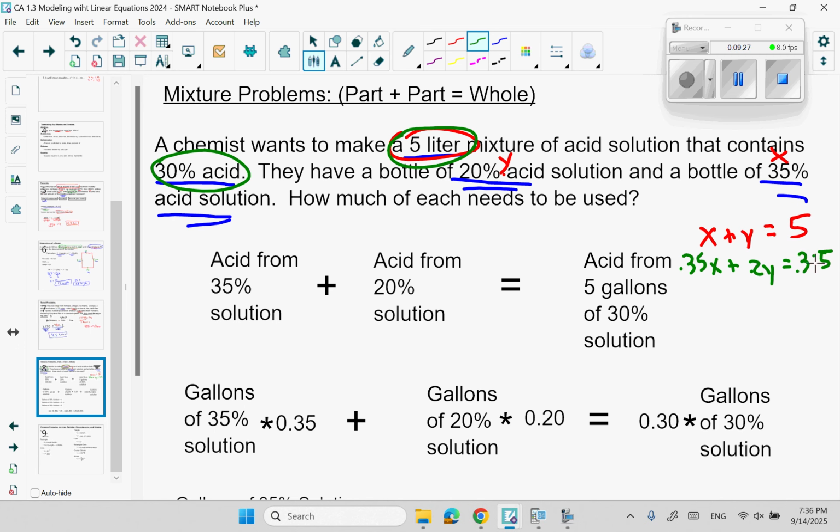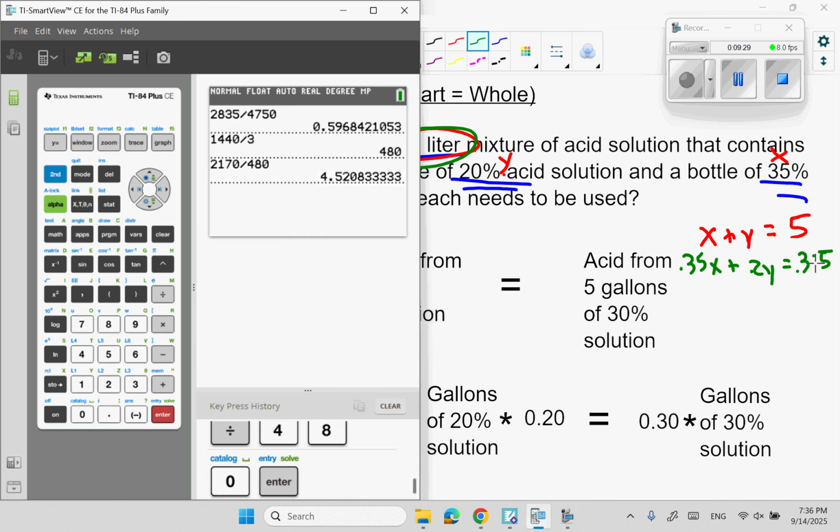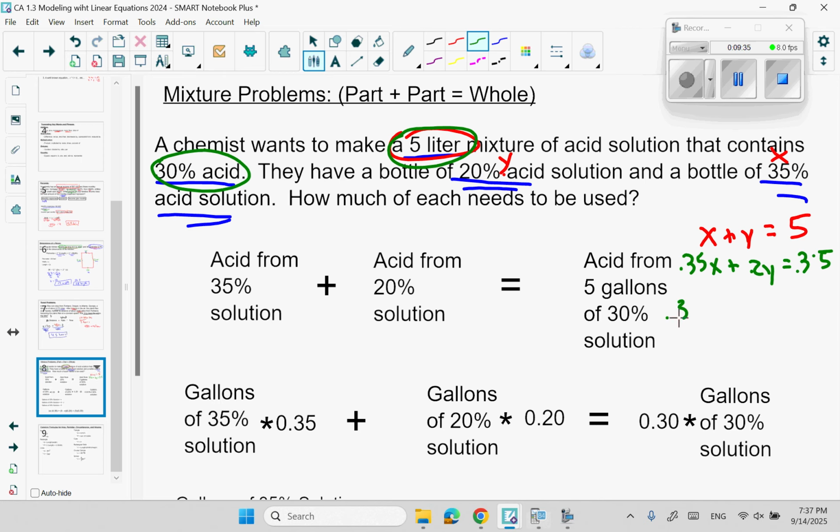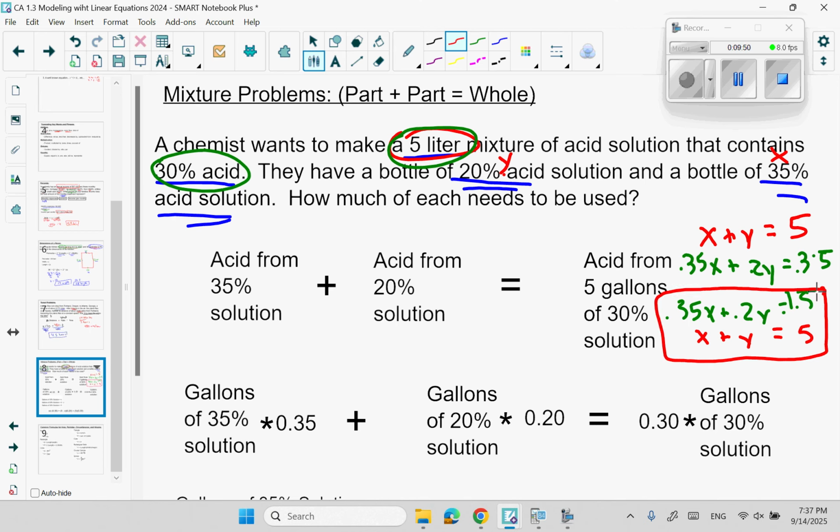The nice thing is those are just numbers, and I can actually do that calculation. So we get 1.5. So I get 0.35x plus 0.2y equals 1.5. And I'm just going to rewrite my first equation, x plus y equals 5, right on top. So here are my 2 equations that I have.